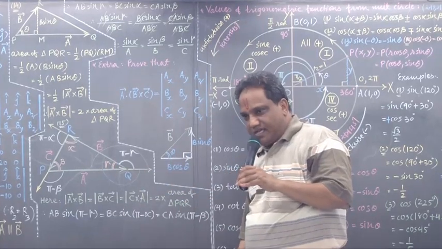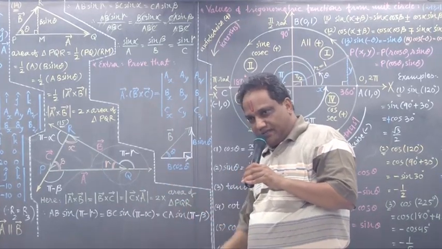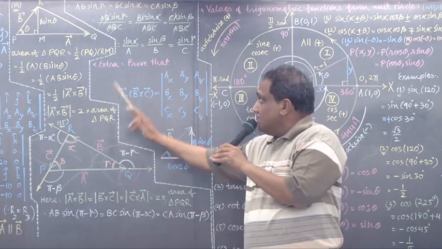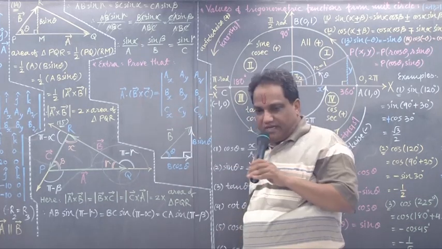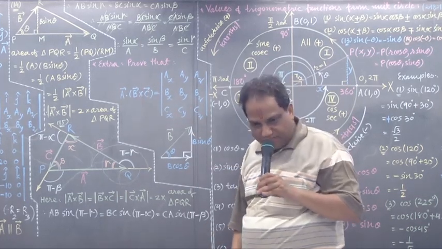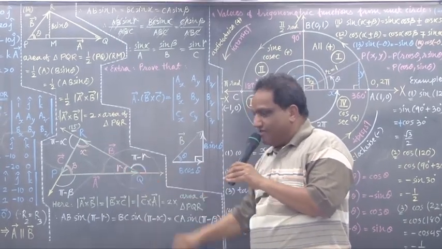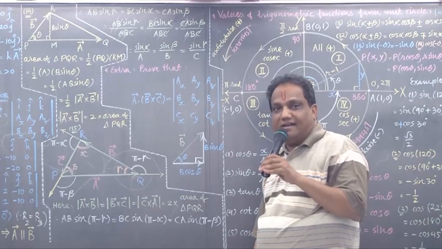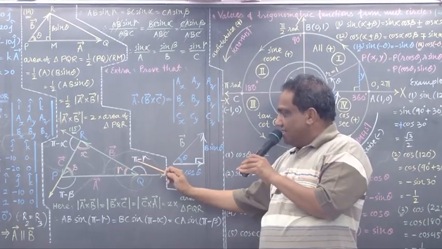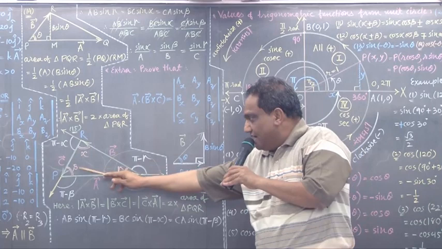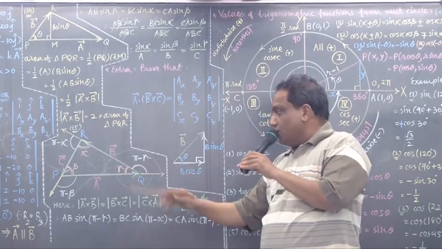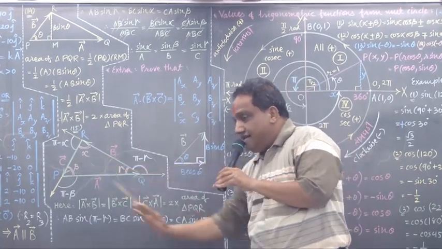Inner angles of the triangle. So for alpha, sine alpha is a sine value, and A is the side opposite to alpha. Similarly, side opposite to beta is B, side opposite to gamma is C.